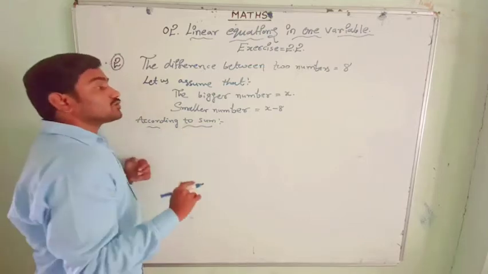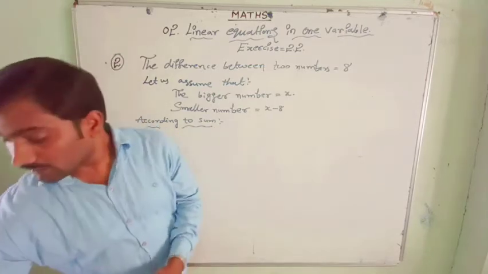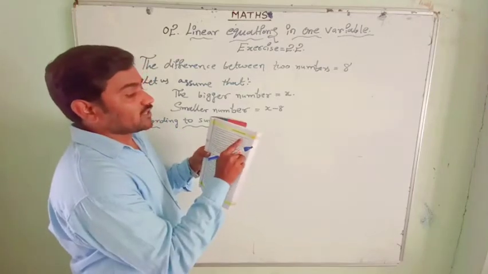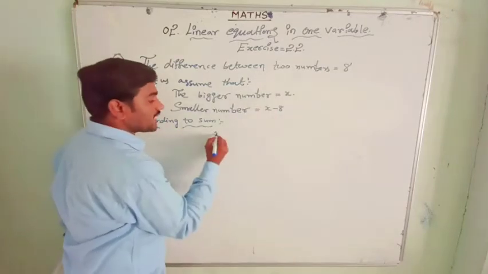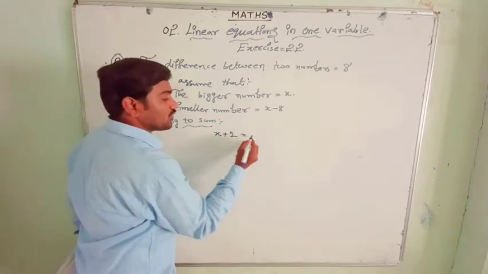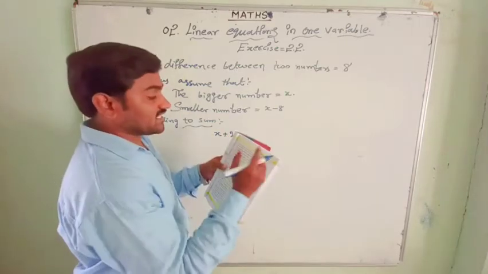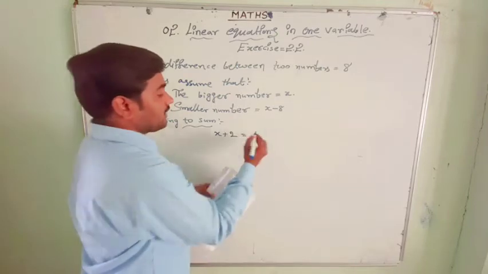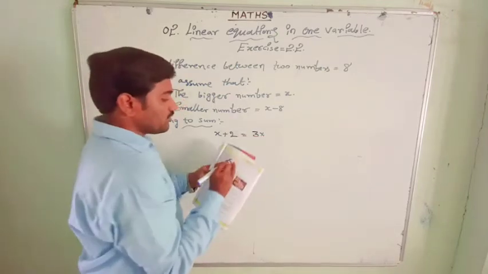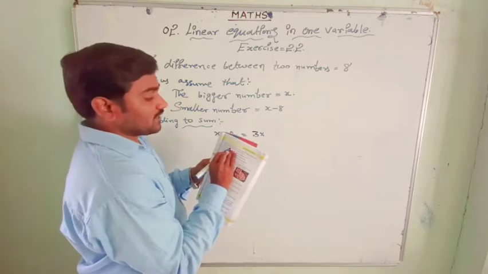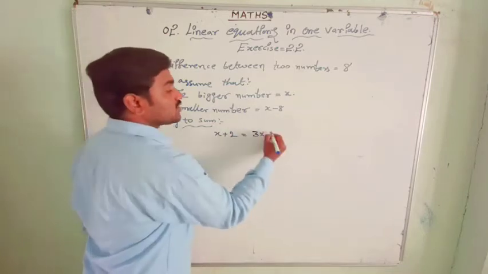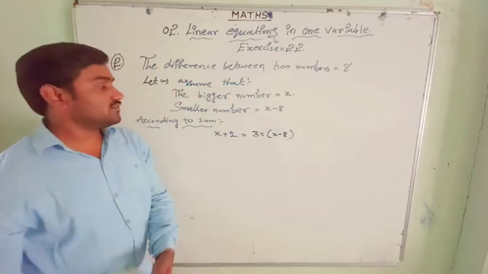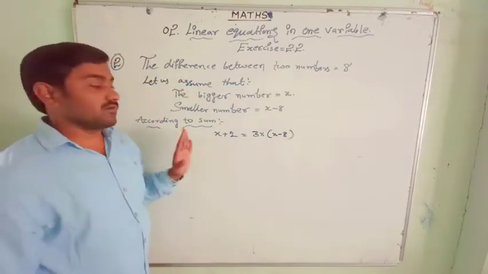If 2 is added to the bigger number, x plus 2, then the result will be 3 times the smaller number, and the smaller number here is x minus 8.